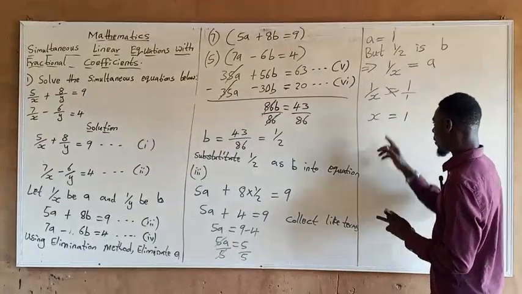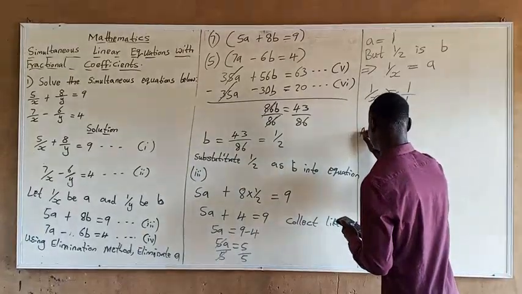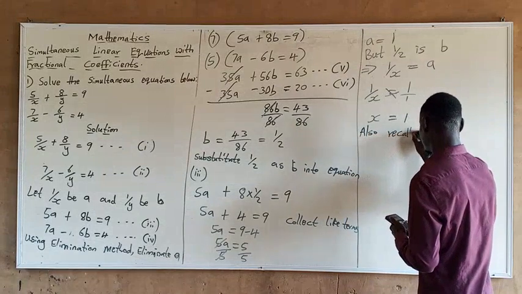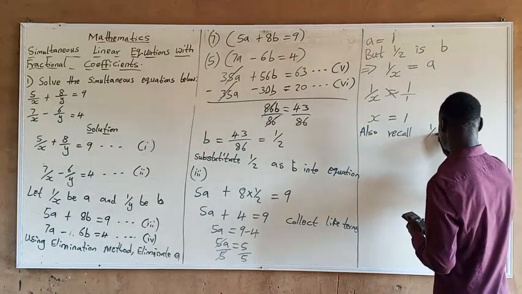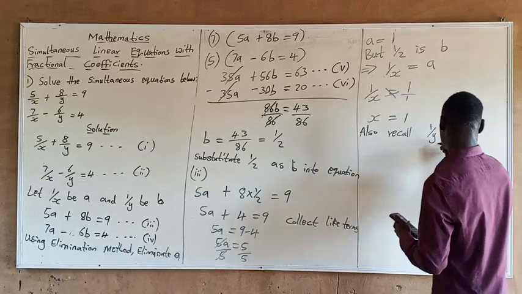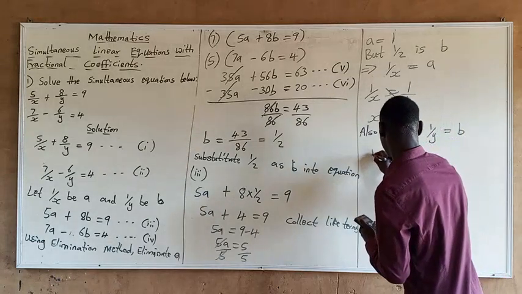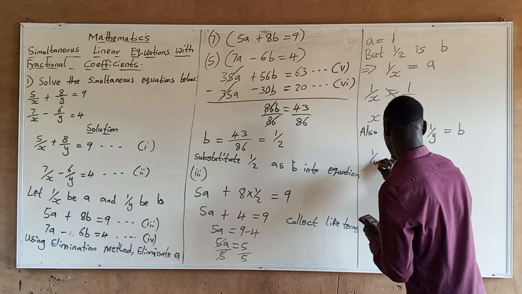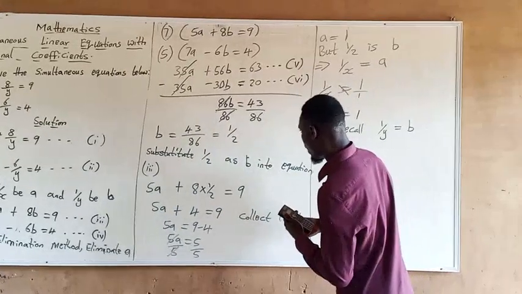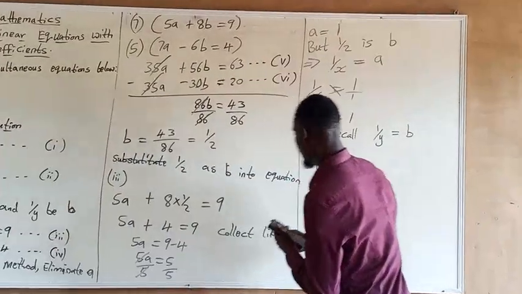Okay, also recall, now we have gotten our x. Note, we want to get our y. Also recall that 1 over y is equal to b. 1 over y is equal to b, and if you check very well, our b is 1 over 2.